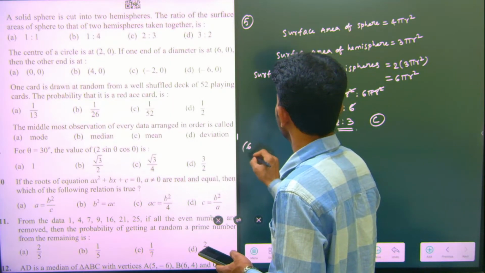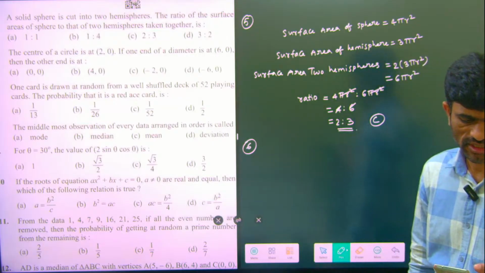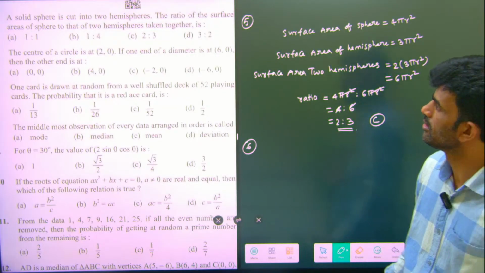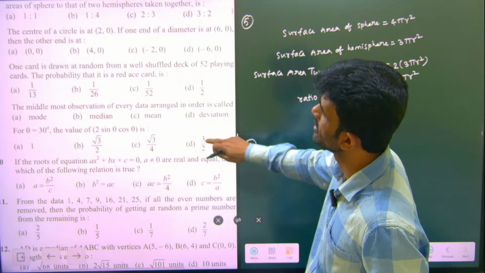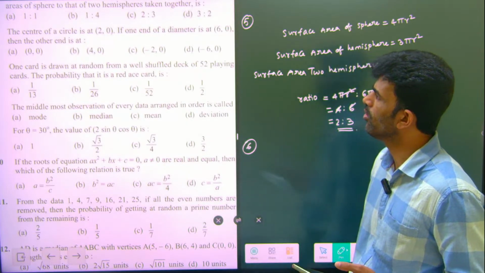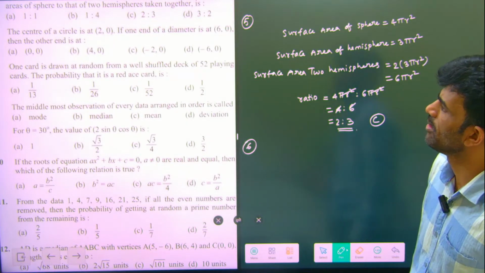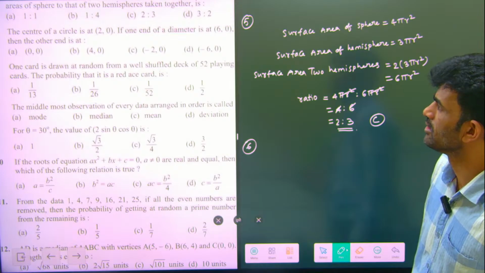Now question number 6. I will see who will answer question number 6. What is the correct answer? The center of the circle is at 2 comma 0. One end of the diameter is 6 comma 0. Then the other end of the diameter is.